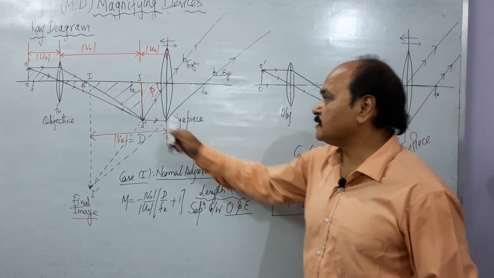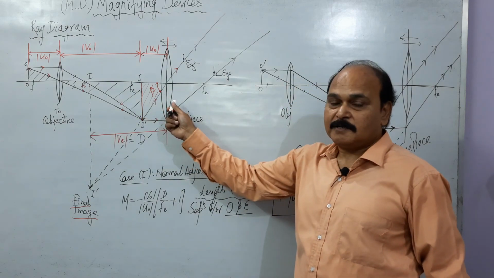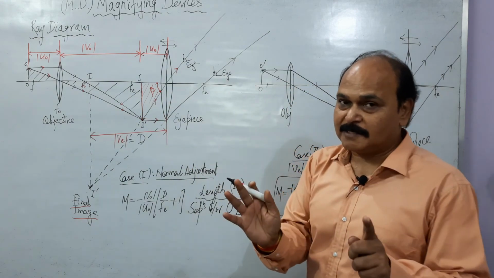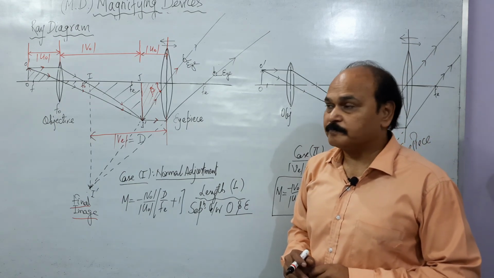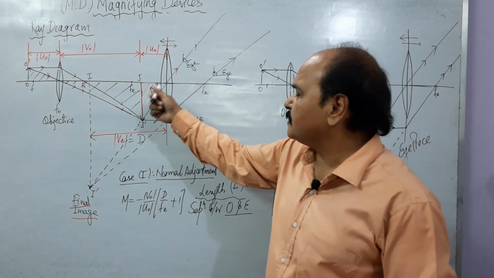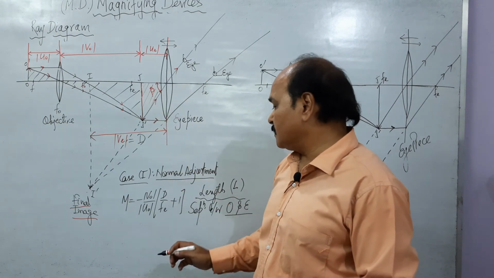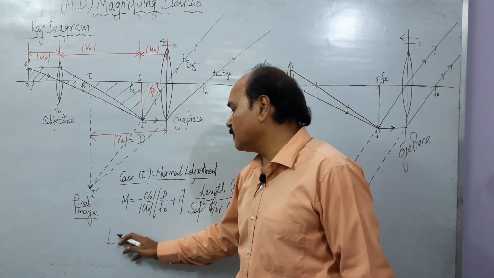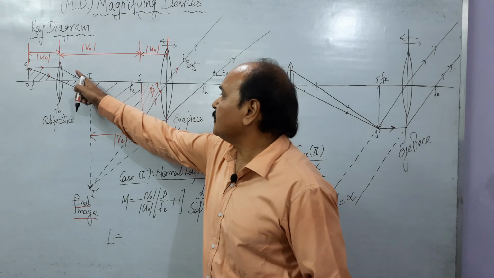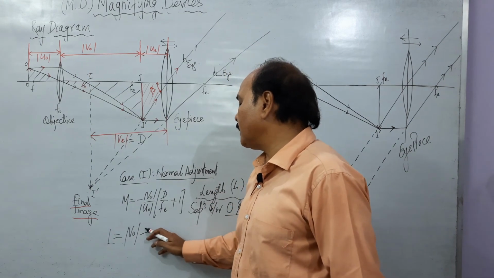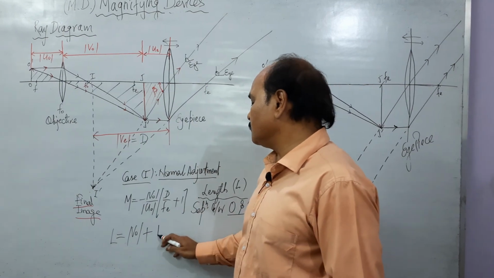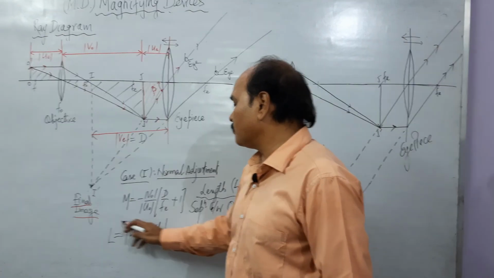This is the objective lens, this is the eyepiece, and the separation between these two lenses is the length of the microscope. So what is the length of the microscope in this situation? Number 1, in this case the length is going to be this separation, and this separation consists of v naught and this u e. This is the length in normal use.